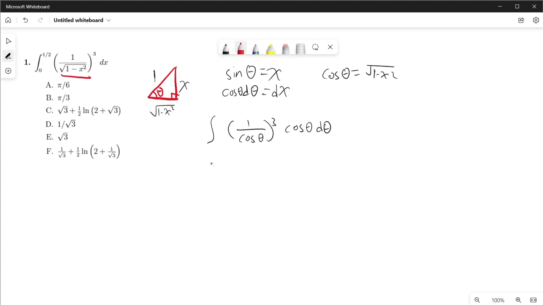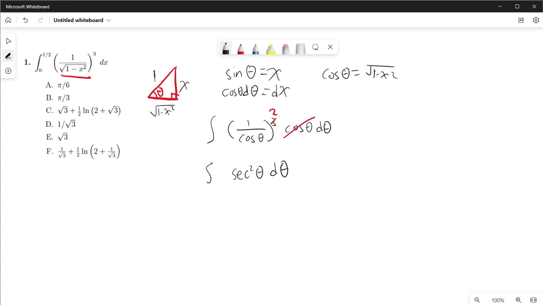So one of these will cancel out with the cosine theta outside. So we have then 1 over cosine squared theta, which would just be secant squared theta d theta.